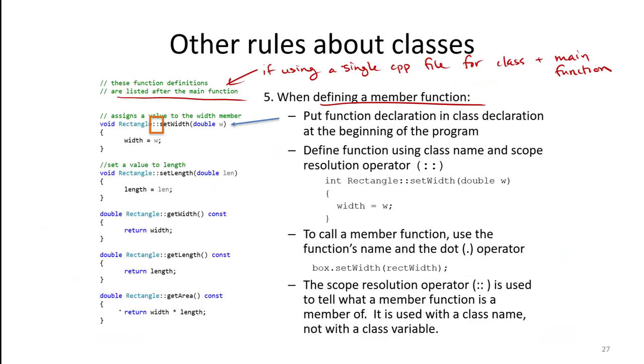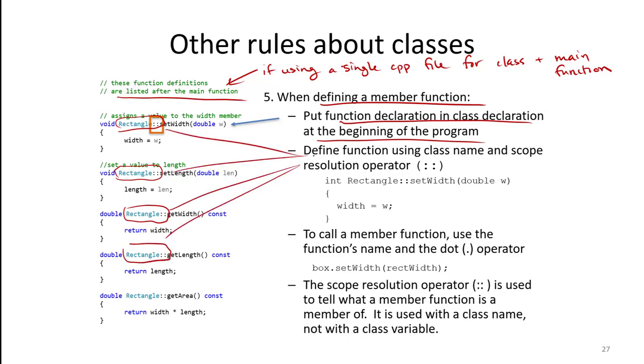So a couple important things to watch out for when you are defining your member functions. So remember, your function declaration goes inside the class declaration. But then notice this thing. Next to each function definition, I use this thing that contains the class name followed by the scope resolution operator, basically 2 colons.